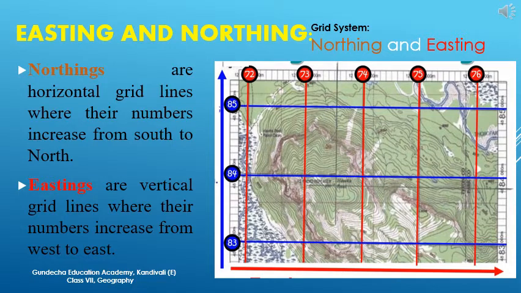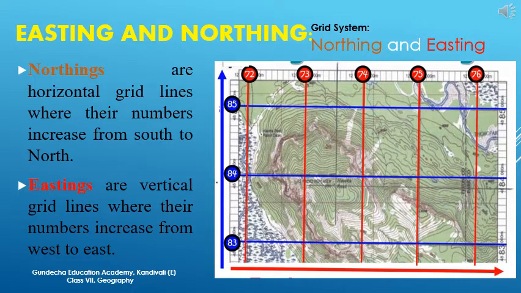Now we are going to learn about the most important and interesting part of topographical map. I'm sure you have already learned about latitude and longitude earlier, isn't it? These imaginary lines help us to locate a place on a map and calculate the time of a place.